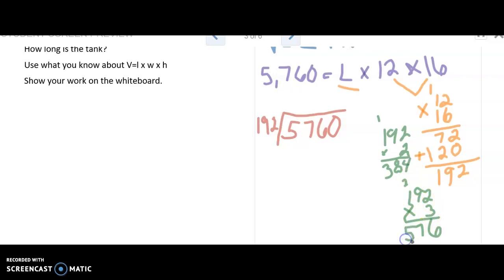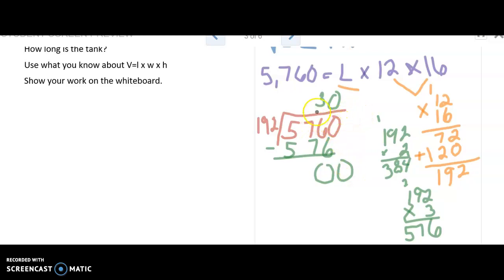Ooh, look, 576. I need 576. Nice. That makes me so excited. So 3 times 192 equals 576. Let me do some subtraction, which is zeros. And if I bring down my 0, 192 goes into 0 times. So 30 is my answer.